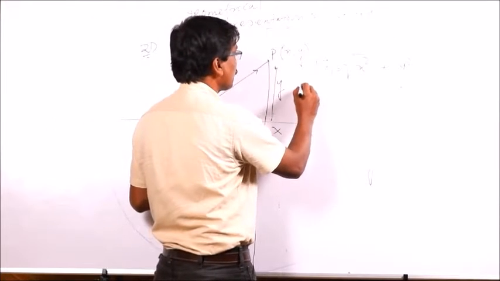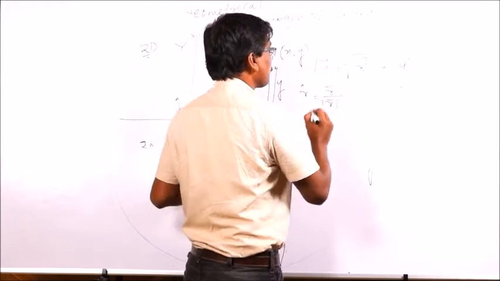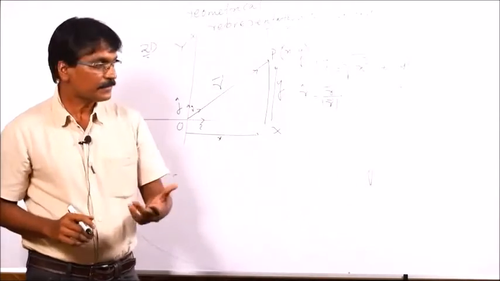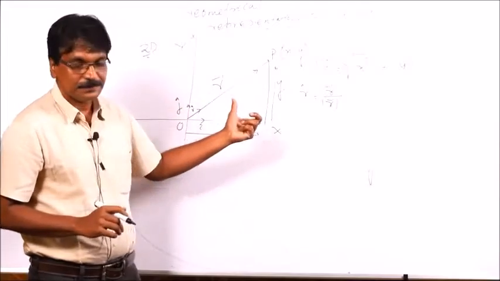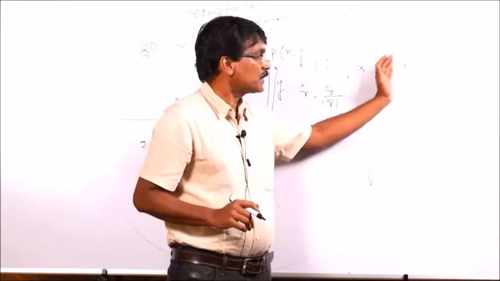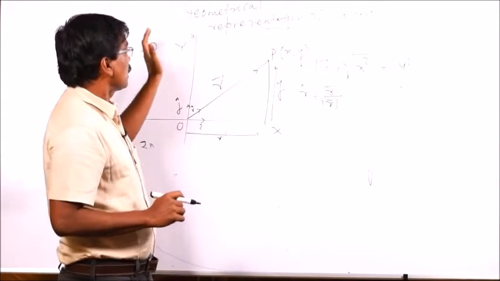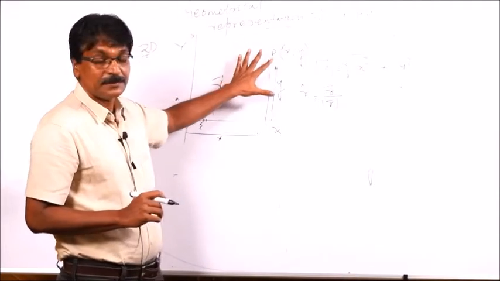So r cap is defined to be r vector divided by magnitude of r vector. So r cap is the unit vector along r vector. Similarly, in 3 dimensions, we simply add z square, so x square plus y square plus z square.